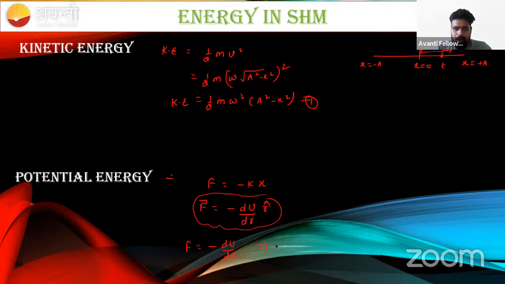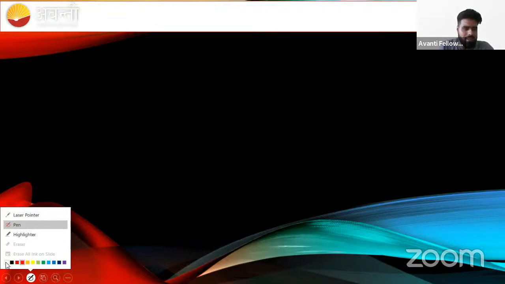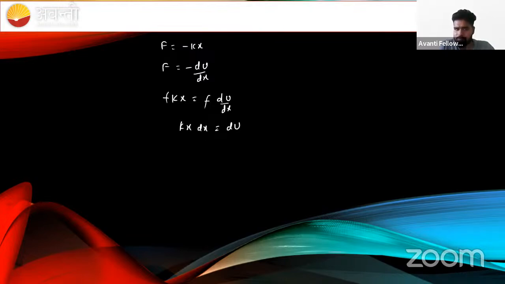In order to find the potential energy, if we put F equal to minus Kx here, what do we get? F equals minus Kx and F equals minus dU upon dx, so Kx dx equals dU.